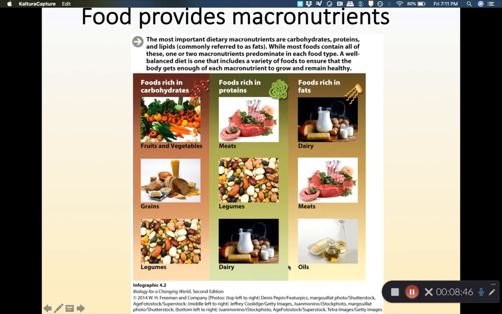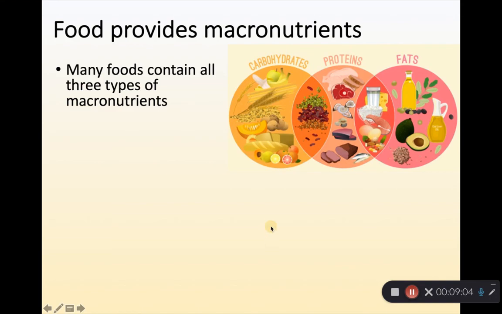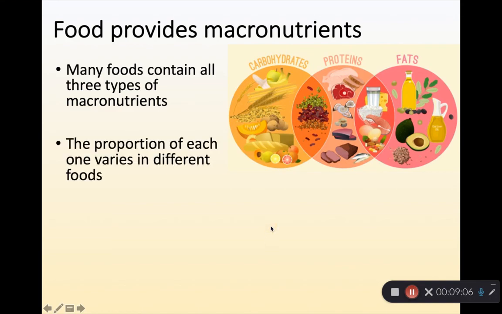And again, different foods will have different densities of these different macronutrients. And a lot of foods will contain all three types of macronutrients. As you can see in this helpful diagram, you can see where there's overlap between these different types of macronutrients. And the proportion is going to vary in different foods.